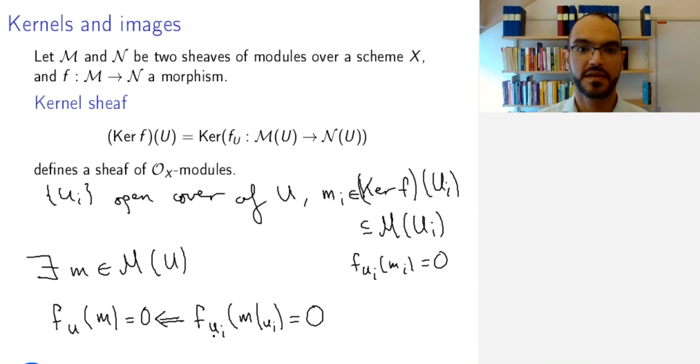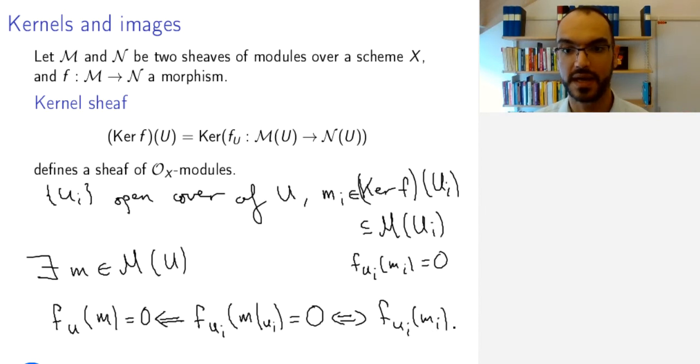This is because the module pre-sheaf N is a sheaf. So if something is equal to 0 on these U_i's, this will glue together to 0 on N of U globally. And this is nothing but F_{U_i} of m_i, which is 0 by assumption. So the kernel is indeed a sheaf. It has the gluing property because checking that something gets sent to 0 is a local check. Being sent to 0 is a local property.